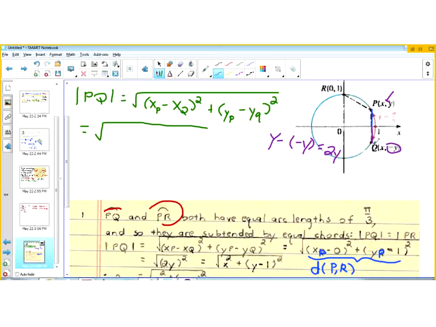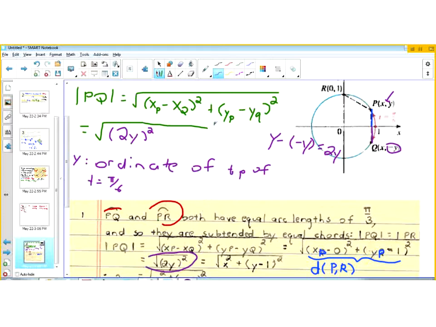And so the distance between P and Q can be formulated as the square root of 2y squared, where y is the ordinate of the terminal point. I'll use TP for terminal point. Okay, so we have that. All right, so that's where this piece right here comes from.